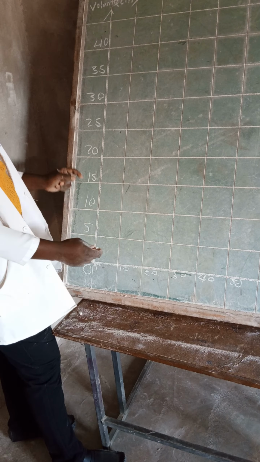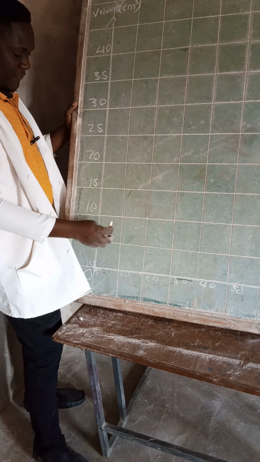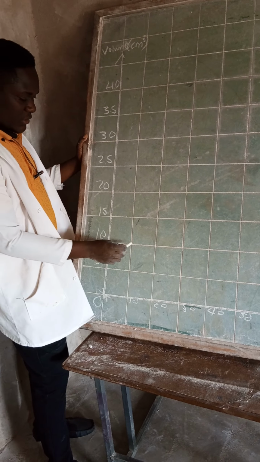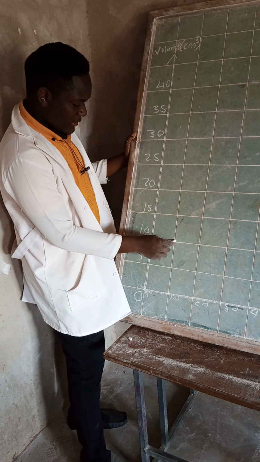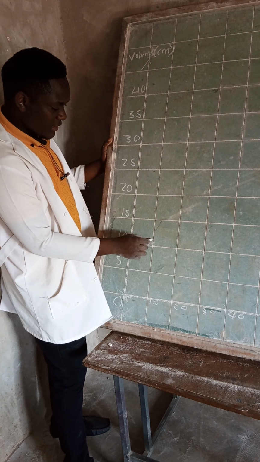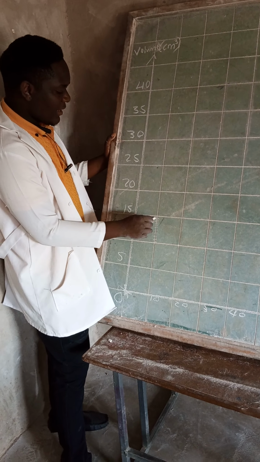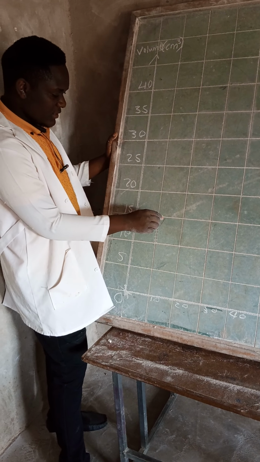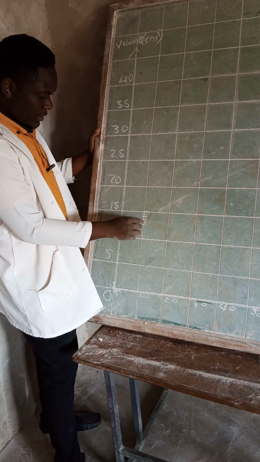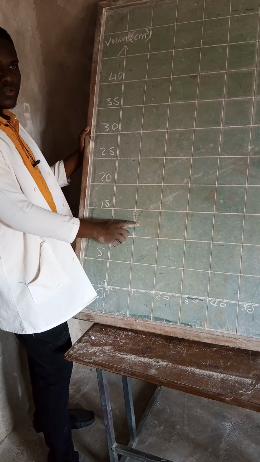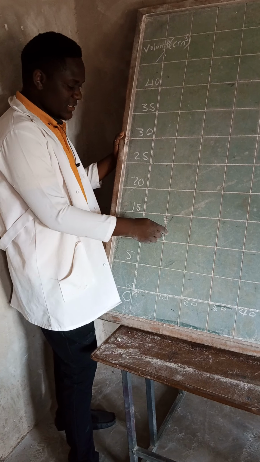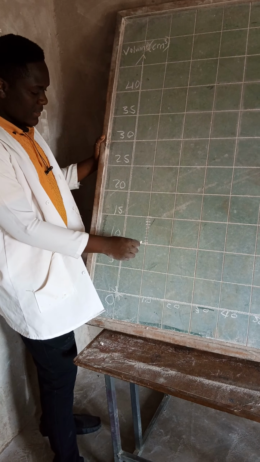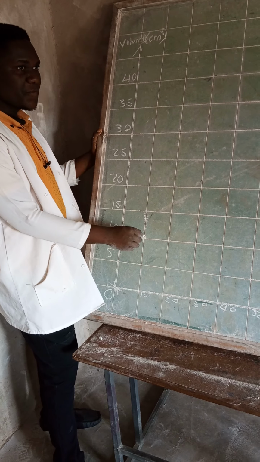So what we are going to do here, when you look at your graph, there are 10 boxes in between 10 and 15. You see that? If you are to count those lines that you have on your graph paper, there are 10 boxes here. So here you will not say that this is 10, then the one which follows is 11.